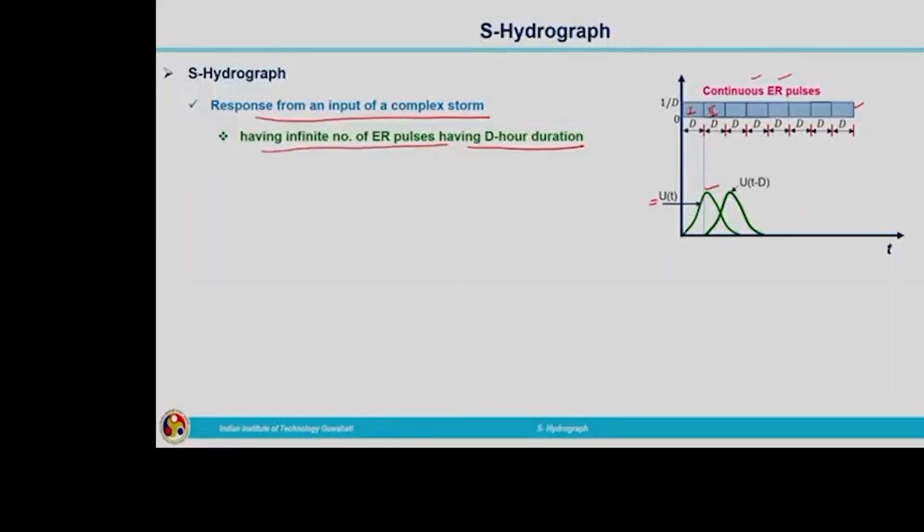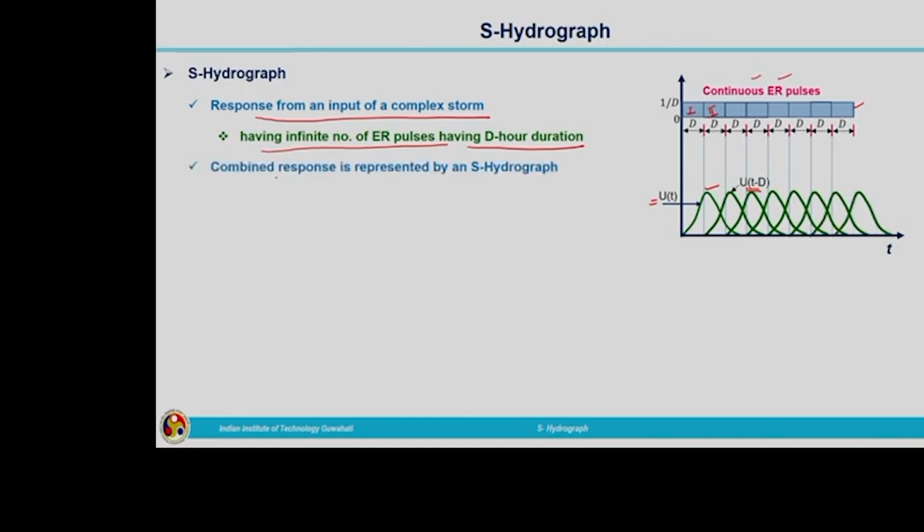So, the second unit hydrograph can be represented by U(t minus d), because there is a lag of dr compared to the first unit hydrograph. In this way, we can consider n unit hydrographs as responses from these pulses.